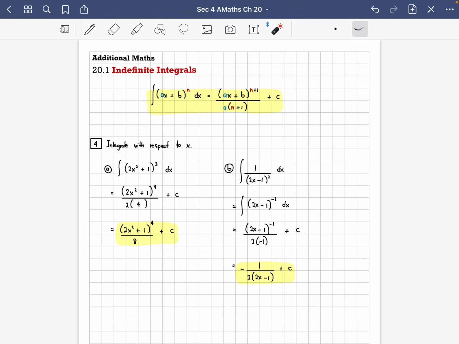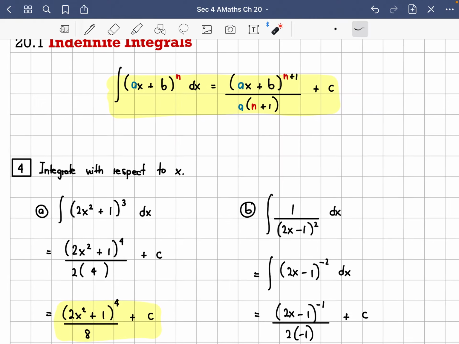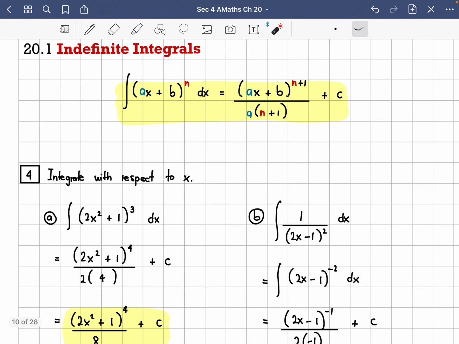All right, so now let's have our next integration rule. What if, instead of just having 2x squared plus 1, this expression is enclosed in a bracket, and then you have an exponent outside your bracket? Unlike before, we just had something like 2x squared plus 2x. But what if there's an index now outside your brackets?